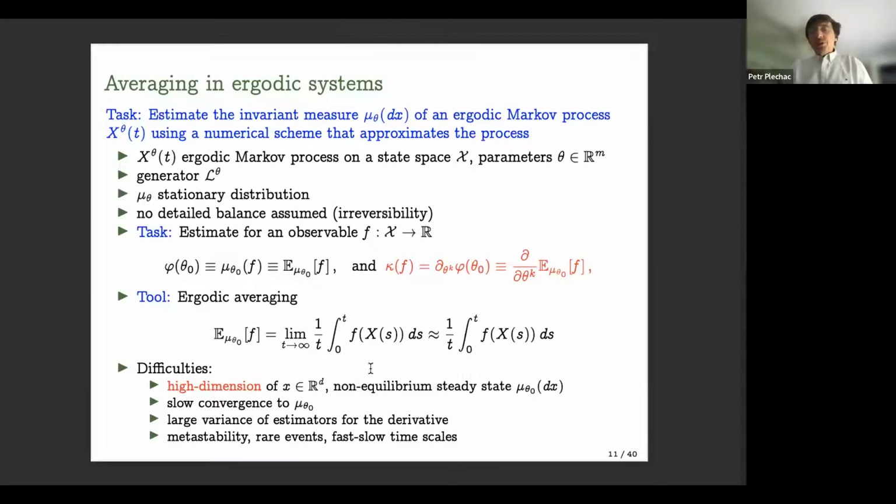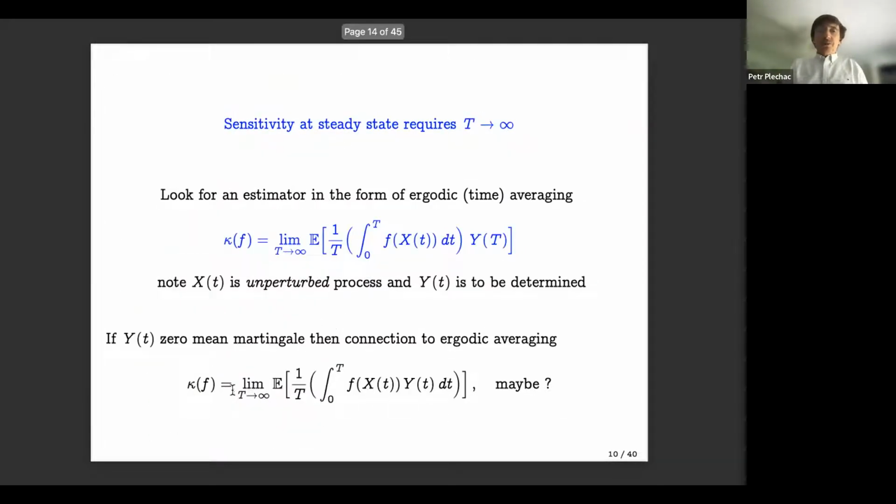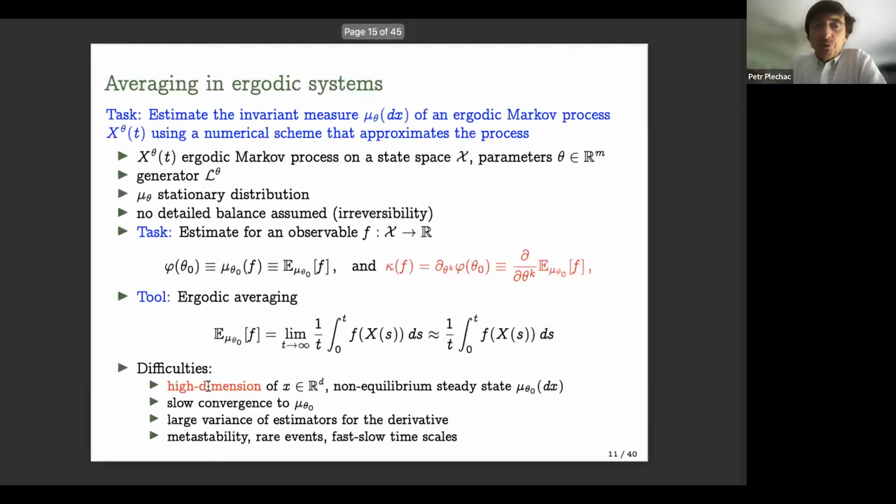That's not immediately clear, whether we have a result like this, that in the limit this will compute the right quantity. And another question is what will be the variance of an estimator of this form.